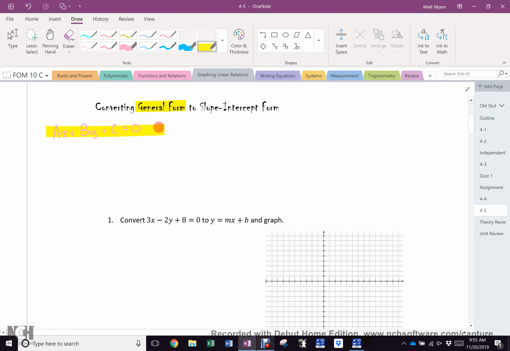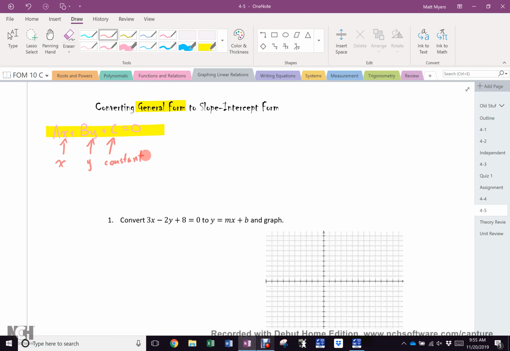Now, it looks a lot like every other form we've had, right? What's the same? There's an x. There's a y. And there's a constant. Have we seen x's and y's and constants together before? Yeah. Sure we have. We've seen it in both of our other forms, haven't we? So this is no different.